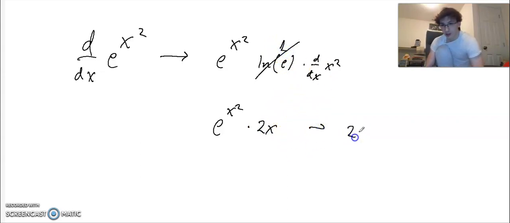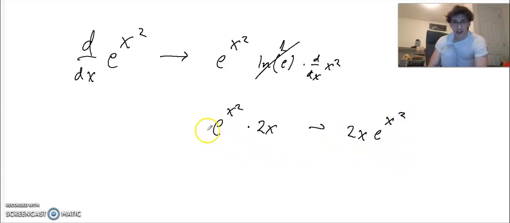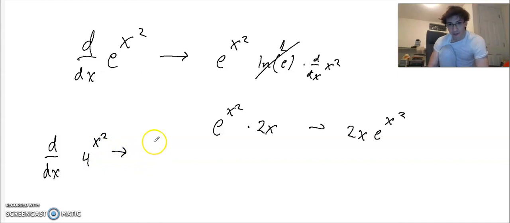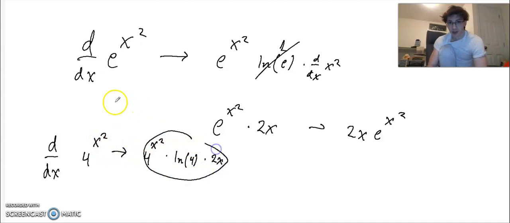So you get 2x e to the x squared. And if we want to do it again, but with a different base, like 4 to the x squared, then it is 4 to the x squared times natural log of 4 times 2x, the derivative of the top.